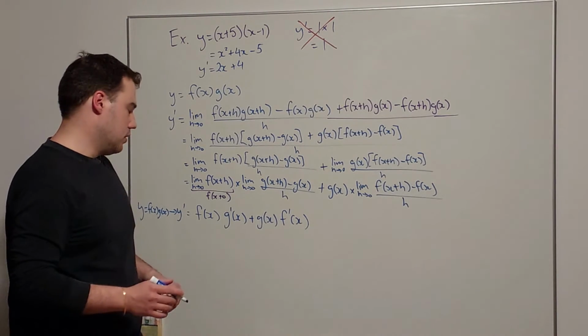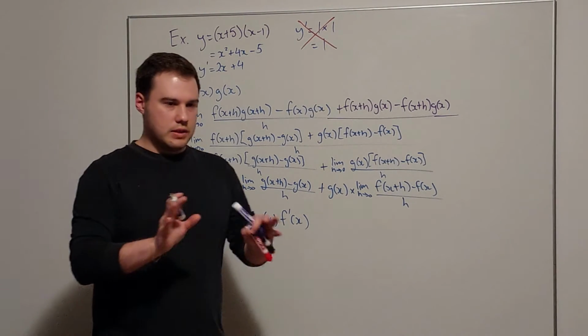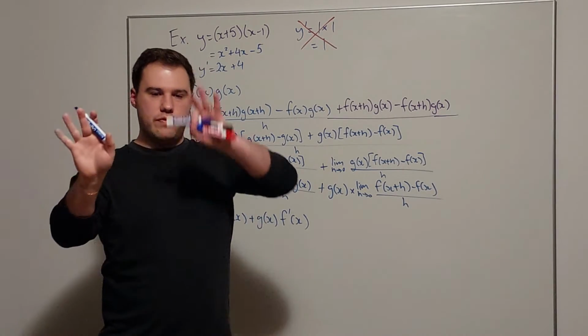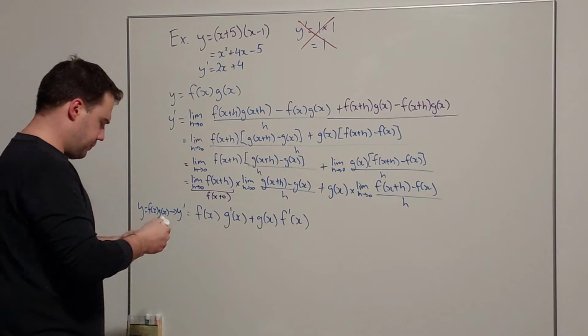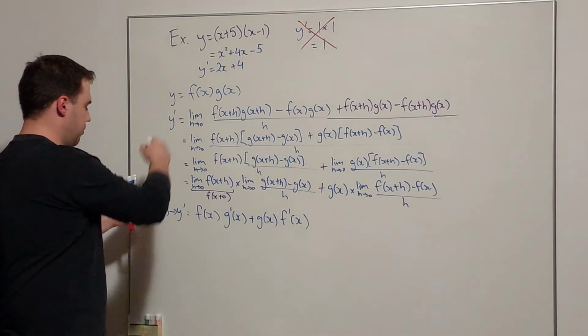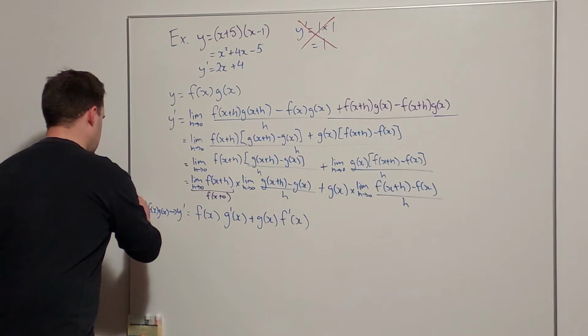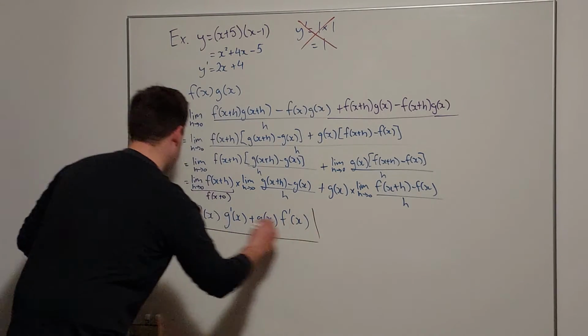So we're basically just going to take the sum of each factor times by the opposite one's derivative, right? So we'll check that with our previous example to see that we get the same thing.